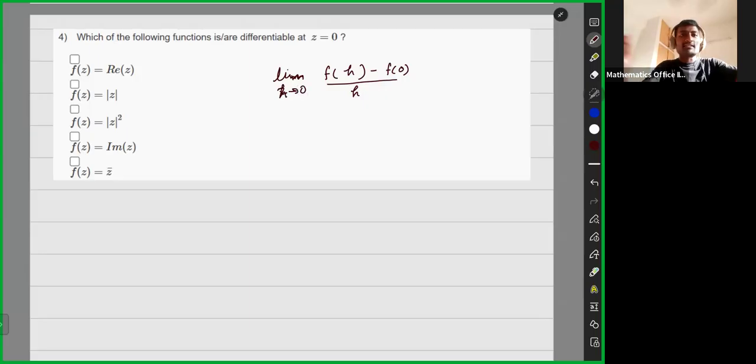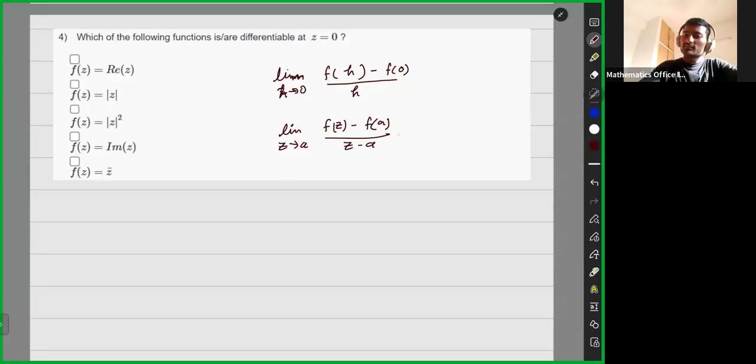Generally we write z minus a goes to 0, or the equivalent thing can be written as z tends to a, with z minus a in the denominator and f of z minus f of a in the numerator, okay? Or it has many other notations.